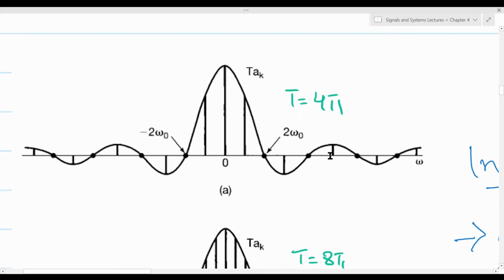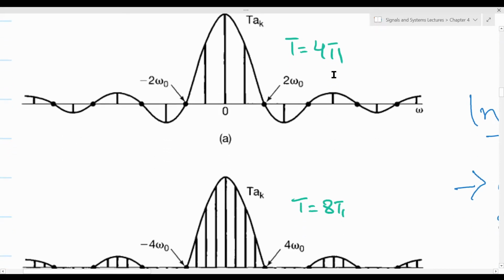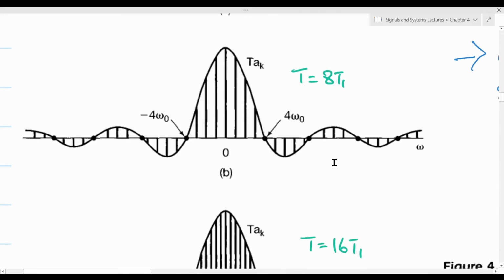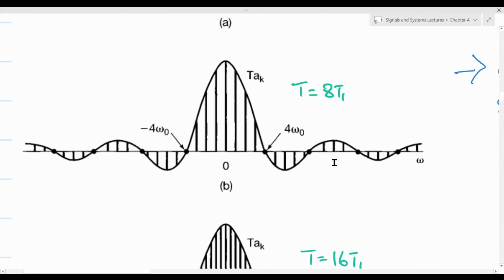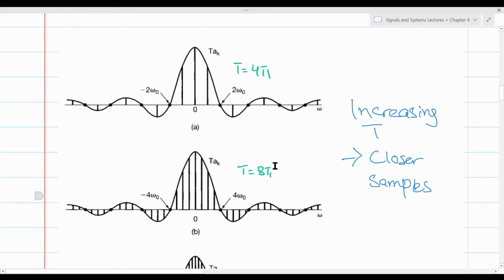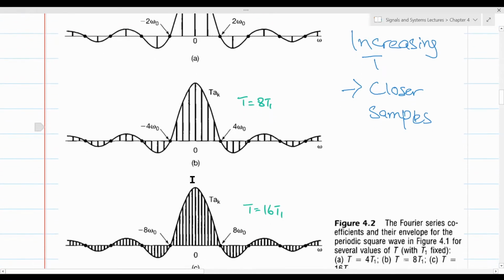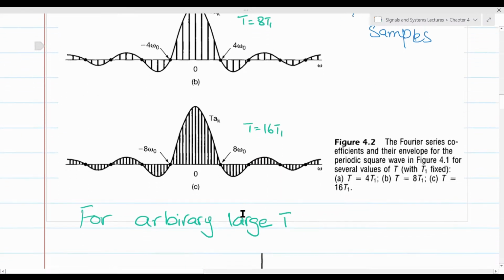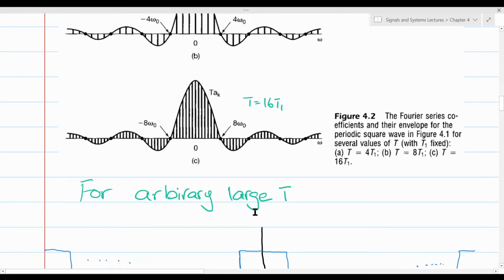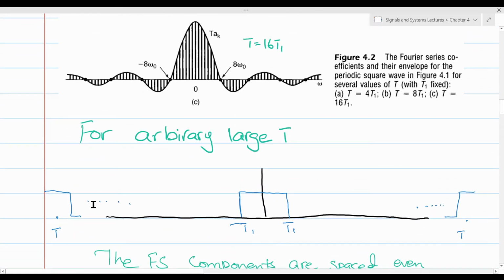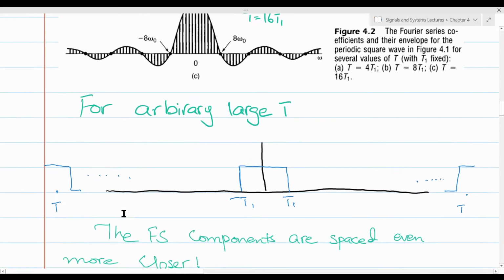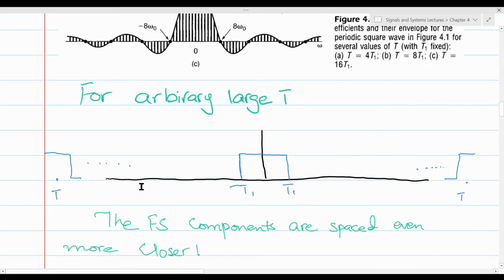Now as we increase the time period from 4 times t1 to 8 times t1 and then to 16 times t1, we can see that the Fourier series coefficients are now much closer when the time period increases. For an arbitrarily large T, we can conclude that the Fourier series components are spaced even closer.